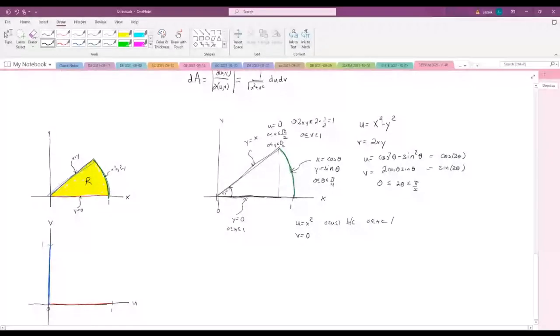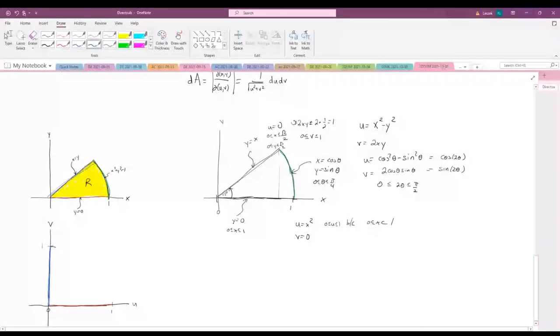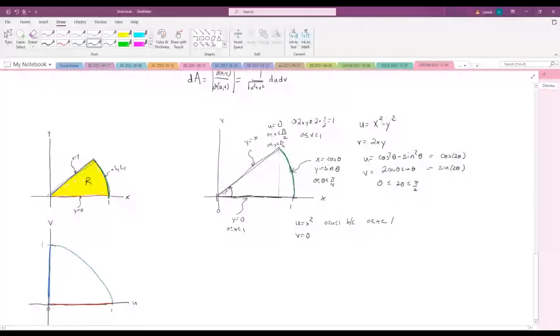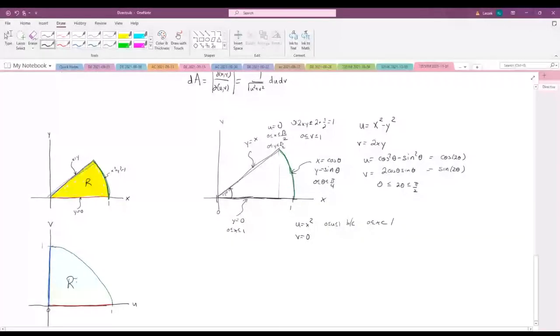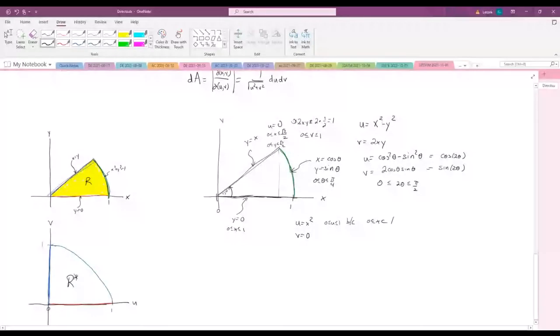So u and v are both parametrized, right? So that green segment becomes a quarter circle in the UV plane. So this is our region of integration. This is our R star. We mapped an eighth of a circle into a quarter circle.